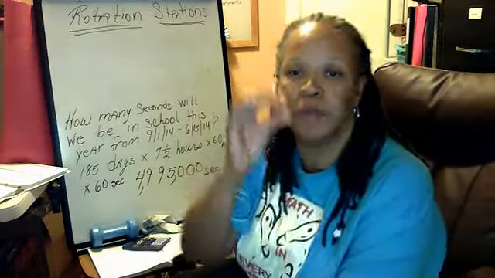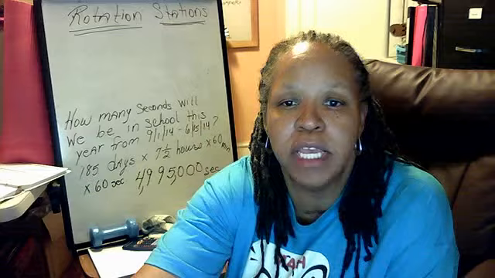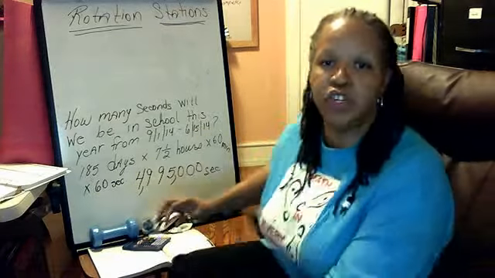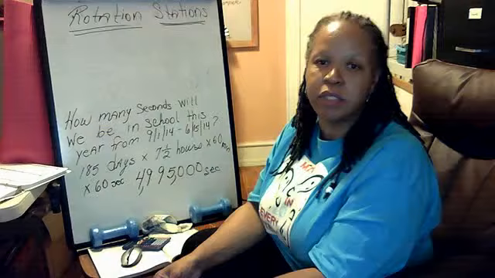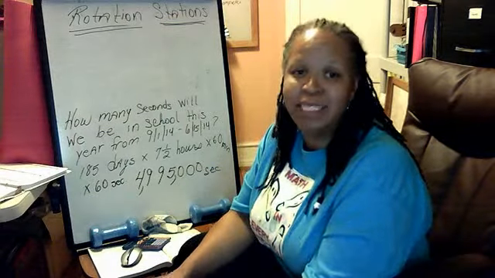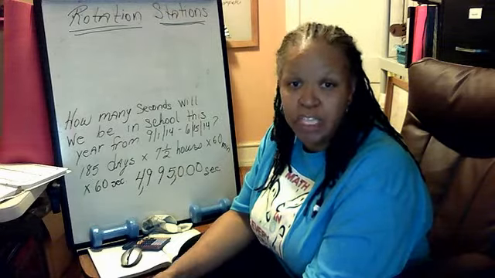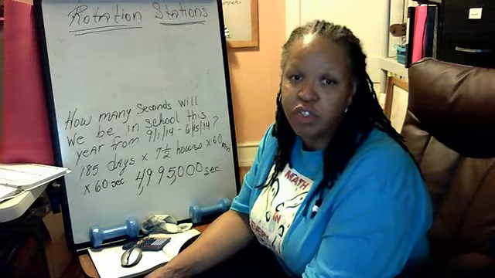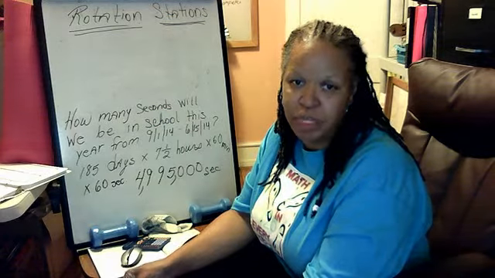Okay, we're back and we are getting ready to continue our discussion on scientific notation. We're going to look at a few examples, and our first example is, how many seconds would you have been in school this year? Now, you know the school district requires 185 days for students.